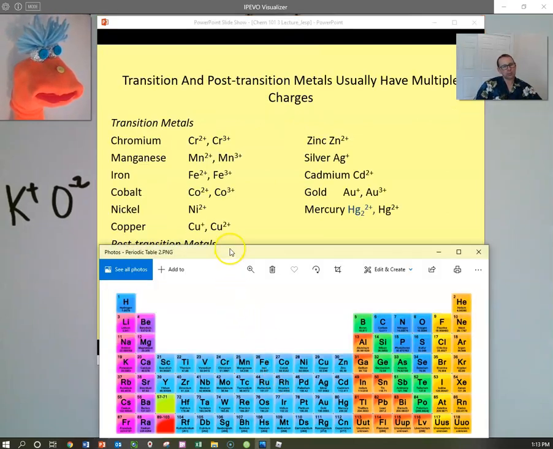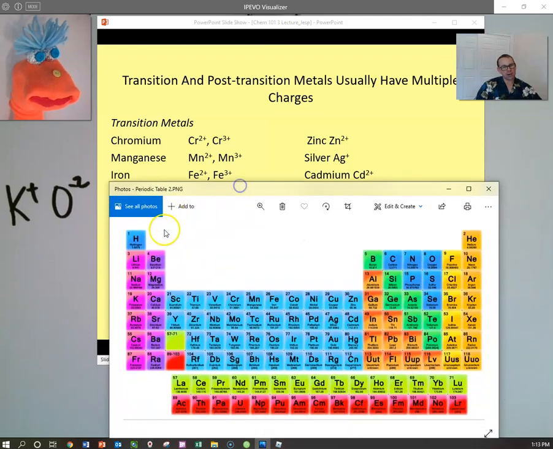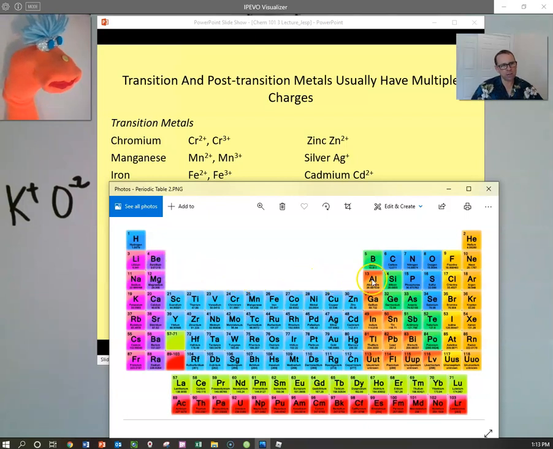Now, we just mentioned that we can identify the charges on ions or atoms that are going to form ions based on their location on the periodic table, especially for this first row and this second row. But for our transition metals, that's just not the case. Their location doesn't tell us the kind of charge that those atoms will form.